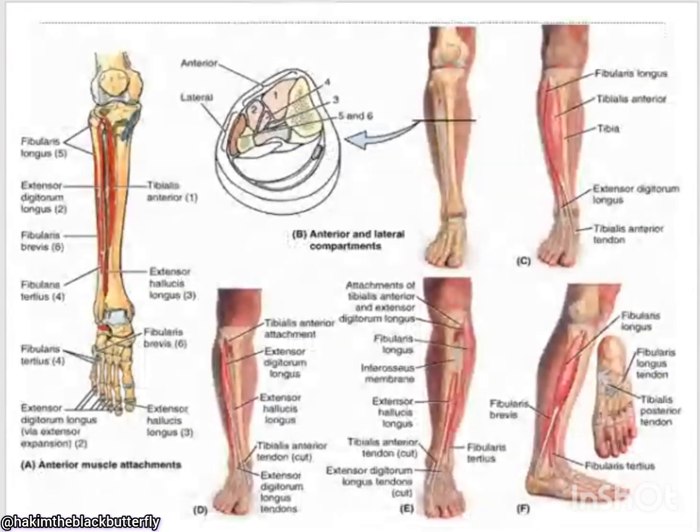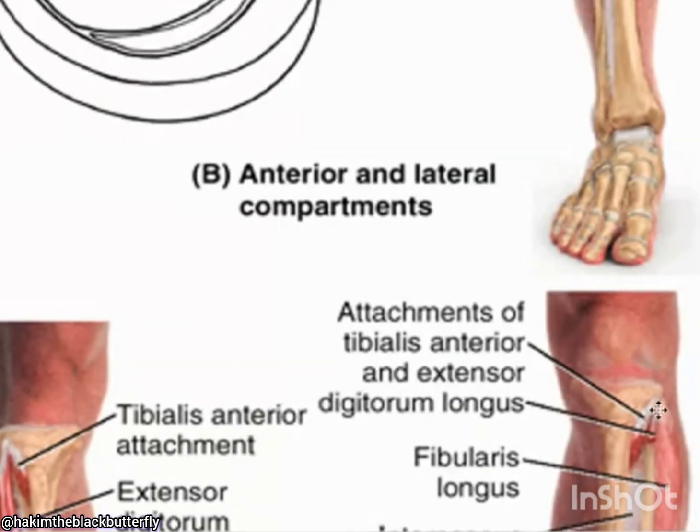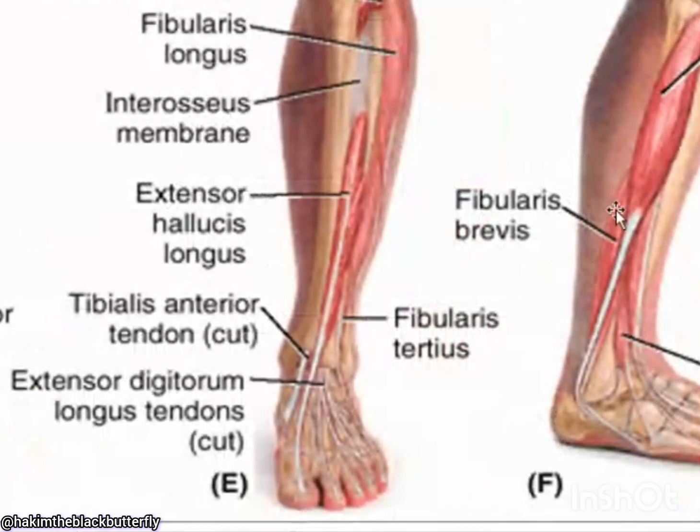And our illustrations have shown that muscle there, fibularis brevis, and its tendon comes with the tendon of the peroneus longus, and inserts at that is the muscle, peroneus brevis.